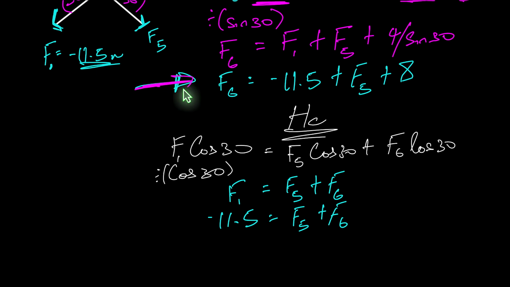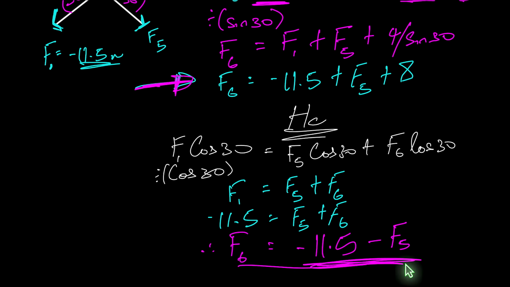So we're going to start by making, let's say, F6 the subject. If we make F6 the subject, then this is just going to be negative 11.5, and the inverse of plus F5 will just be minus F5. And we're going to substitute this bit now, this negative 11.5 minus F5, into this equation up top.